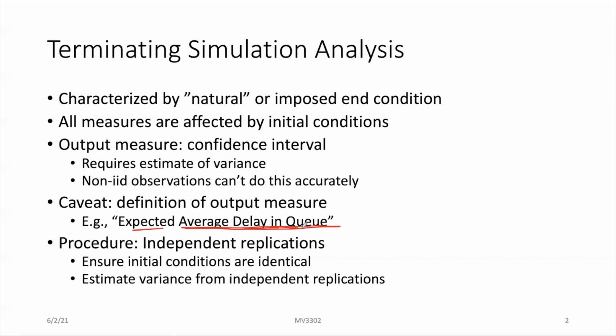And what typically happens, if this is K and this is delay in queue for the ith customer, it tends to look something like this. If this is the true expected delay in Q, this is the kth guy.